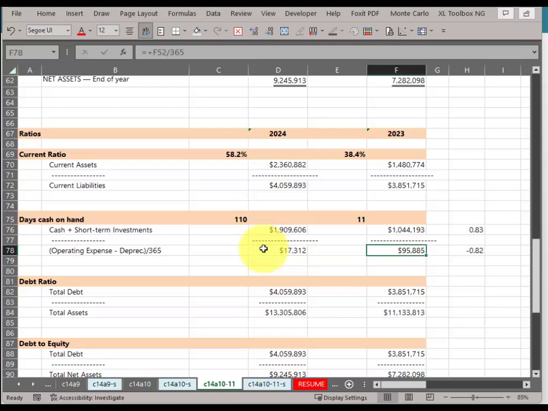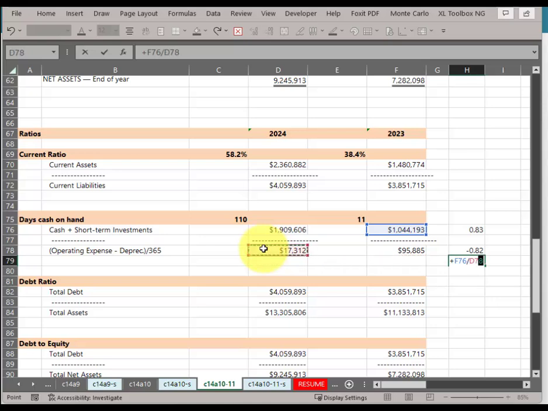Another way to visualize this, and this is something that might come in handy in your next assignment, would be to say, okay, let's say that even if your cash stayed the same, we didn't increase our cash at all, but we managed to drop our burn rate down to 17. What would happen? We can do that math just by dividing last year's cash by this year's burn rate, and we get 60.